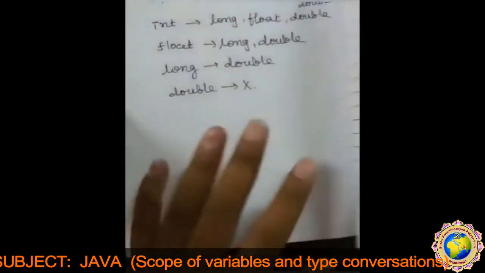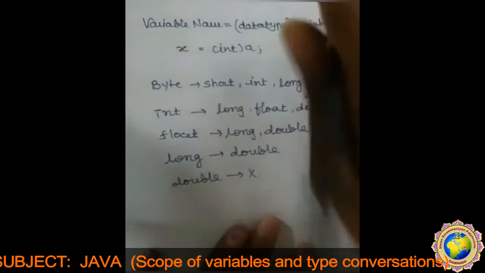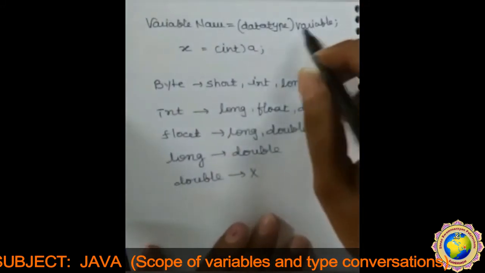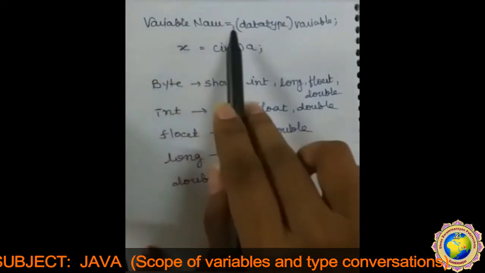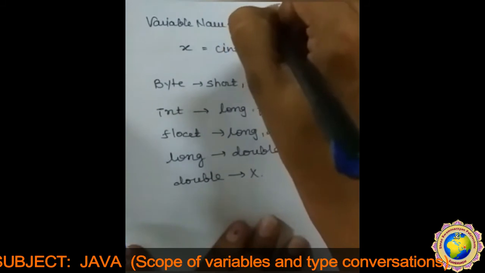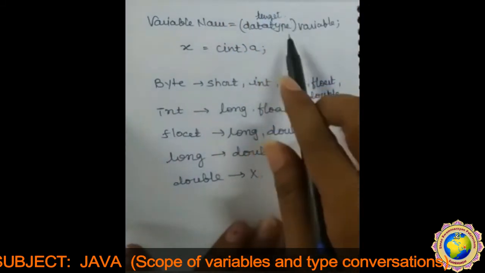So how do we declare a variable in explicit conversion? Variable name equal to, in brackets, the target data type, and then the variable. The data type we want to convert into is called the target data type.